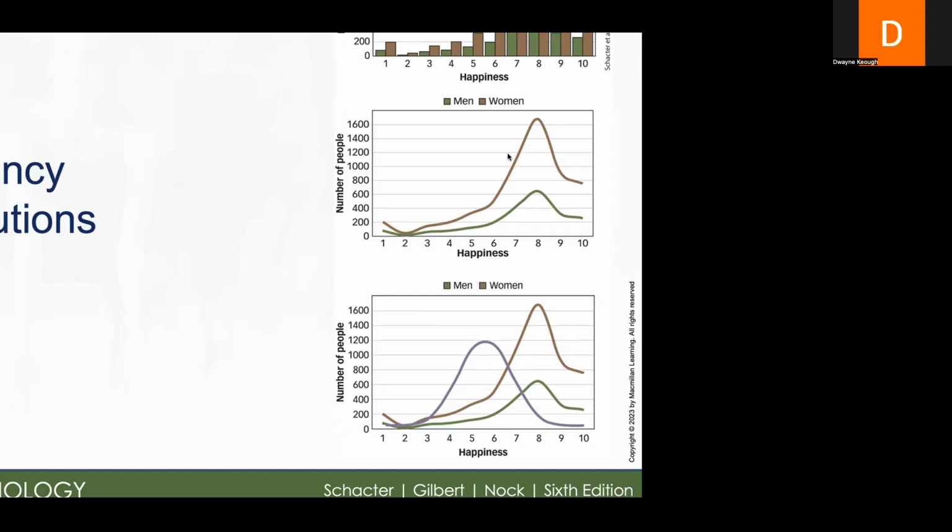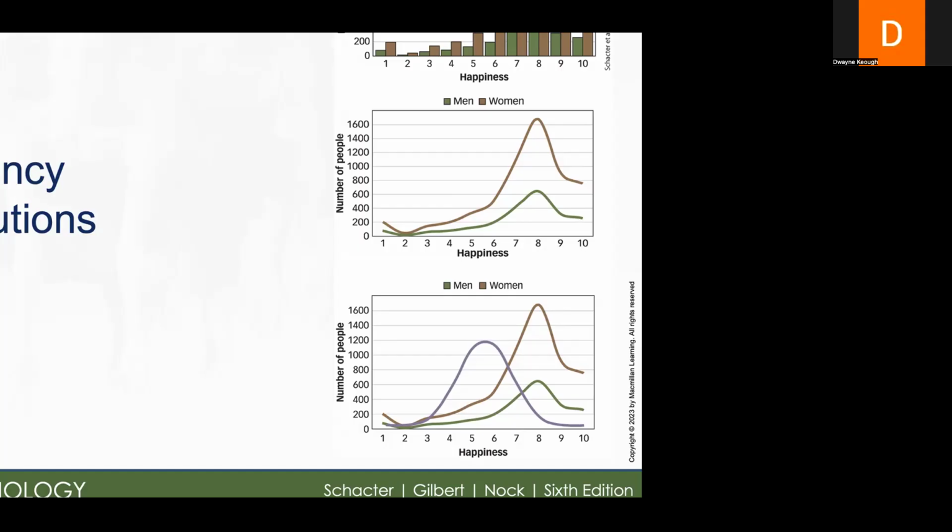So graphing the data allows us to really see what we find when we ask people questions like, how happy are you? And we can also plot it against what we expect to see, which is that normal distribution of values. In this instance, we can see that there are far more females that were surveyed or sampled about their happiness than there were males.